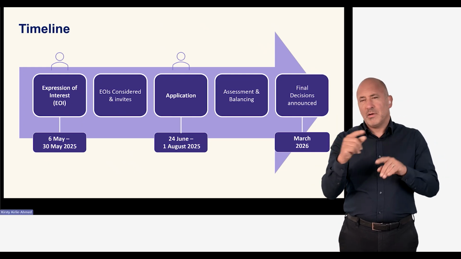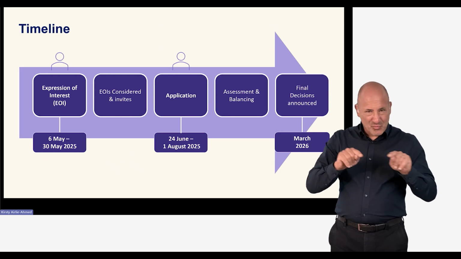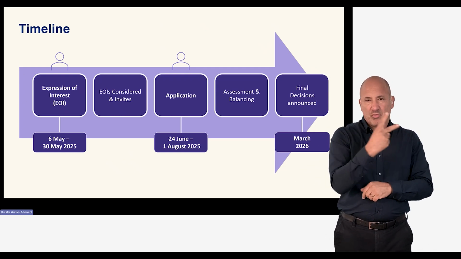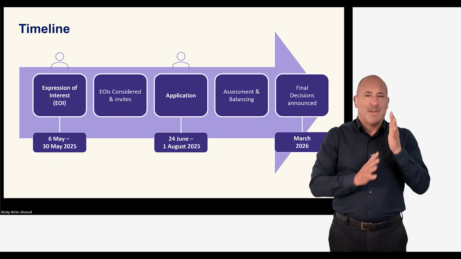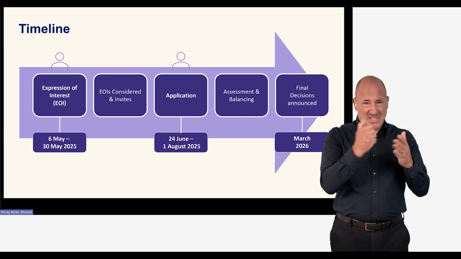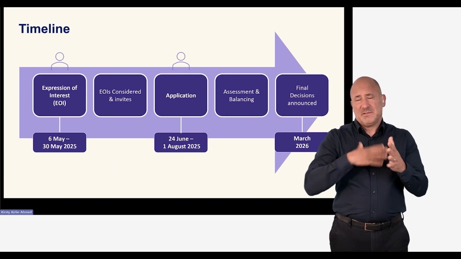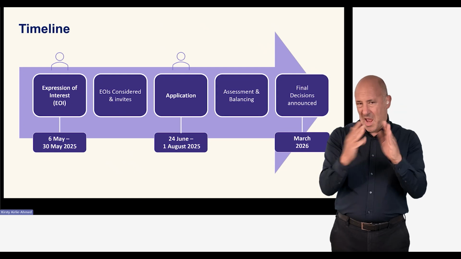Final decisions will be made in late 2025, and we will be notifying applicants and making announcements no later than March 2026. Projects will begin from April 2026 and can run for up to 3 years, finishing by 31st of March 2029.